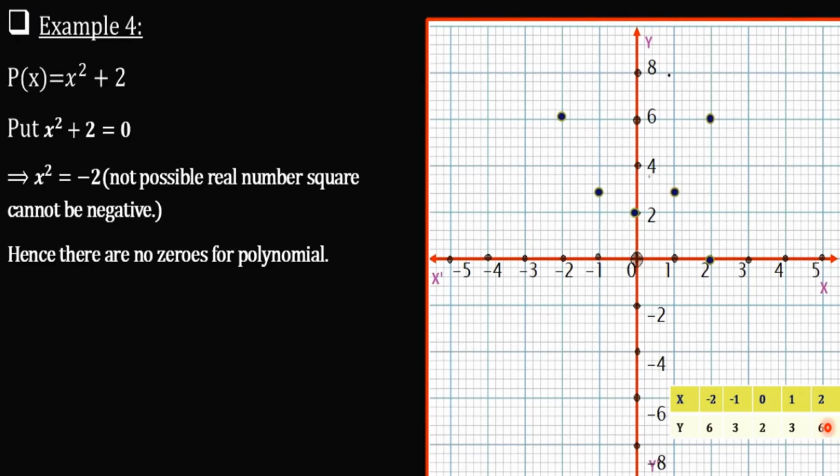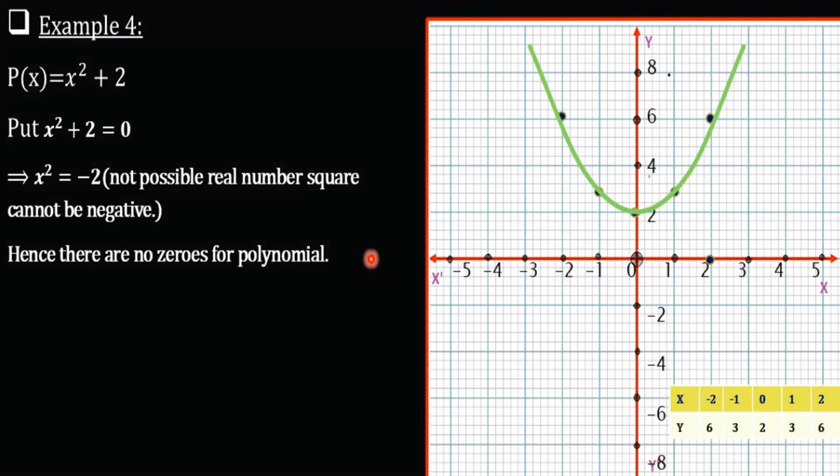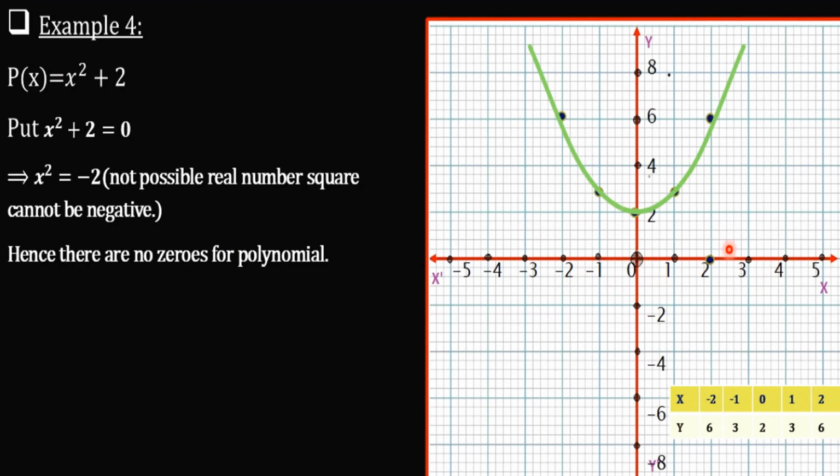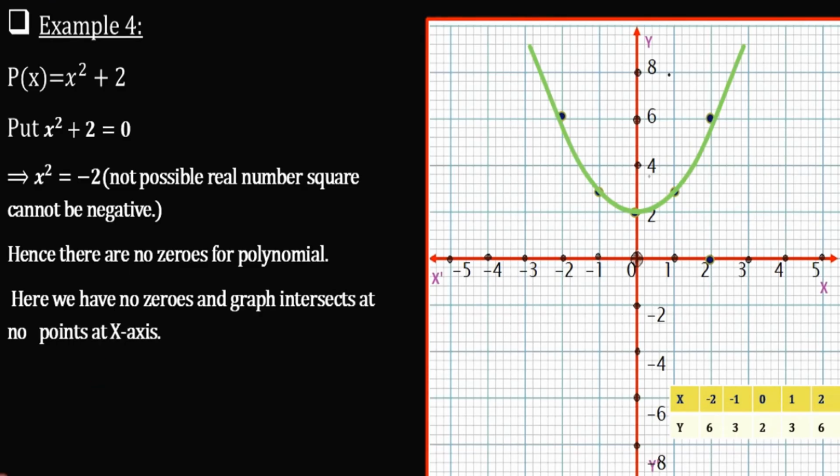Next, x equal to 2 and y equal to 6, that is this point, where x is 2 and y is 6. It is coinciding here. On drawing the graph, we will get a graph like this, which is not intersecting the x-axis, that is, not meeting any point on the x-axis. So what we can conclude is that we have no zeros and the graph intersects at no points on the x-axis.